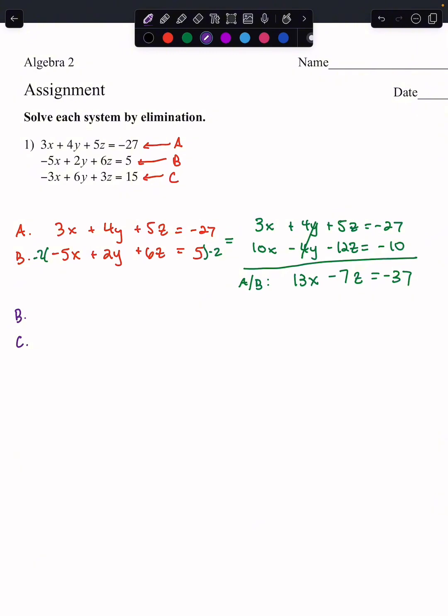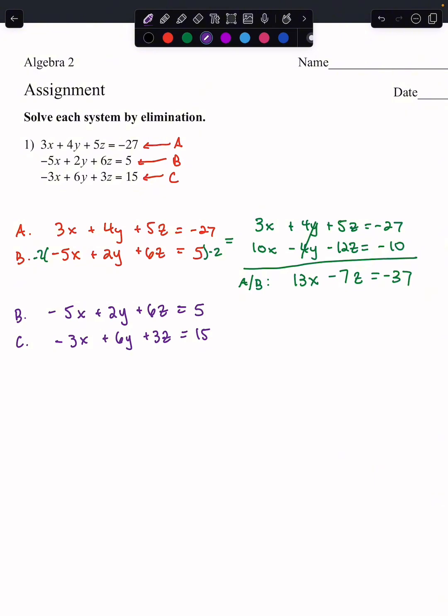So again, B says negative 5x plus 2y plus 6z equals 5. And then C is negative 3x plus 6y plus 3z equals 15.